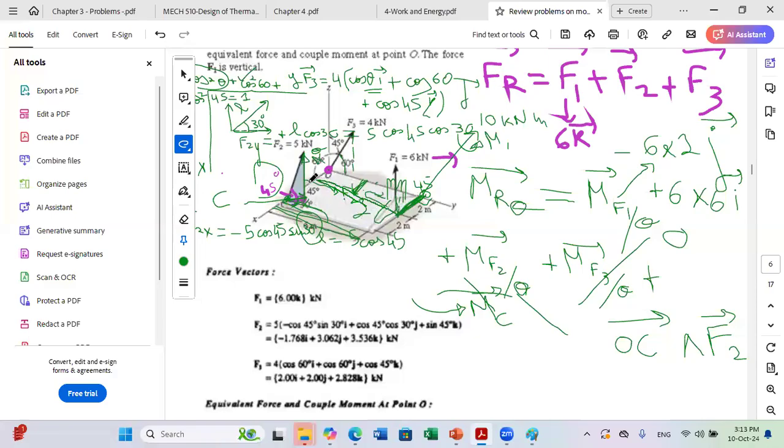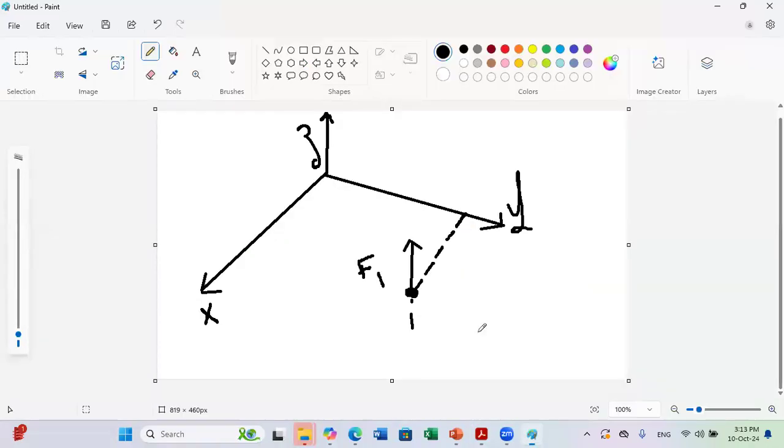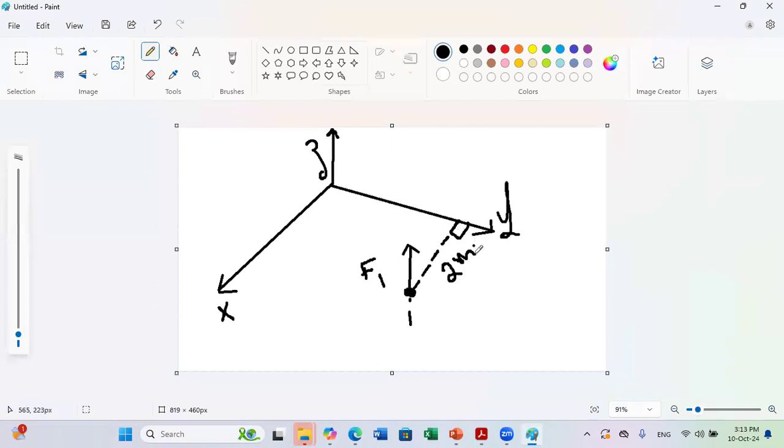So I will show it for you here. This is 2 meters, and it's perpendicular to y. Okay? And this distance, which is the perpendicular to x, is 6 meters.